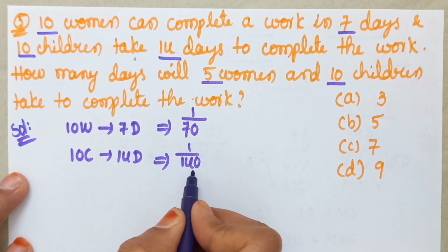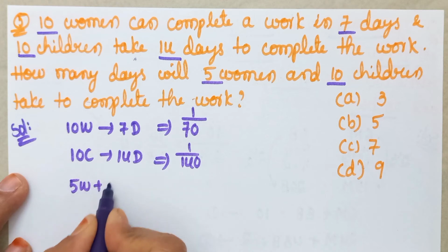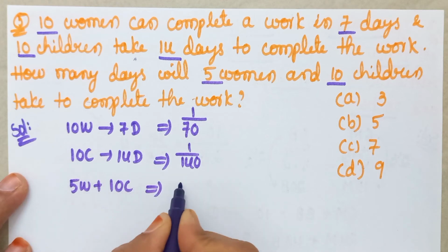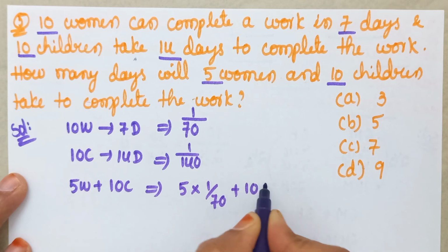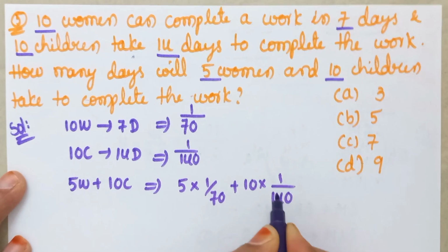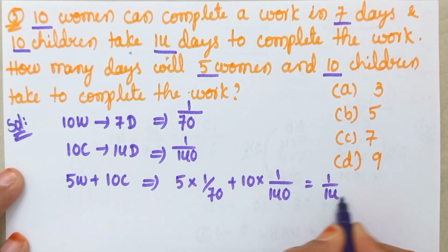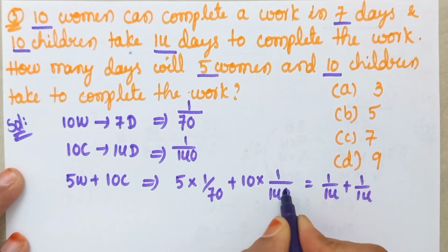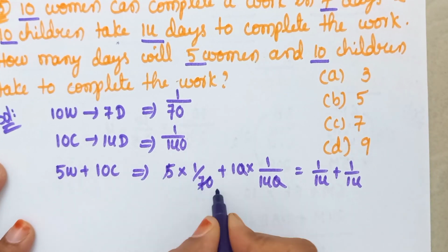Then what did they ask to find? 5 women plus 10 children. So simply substitute this 1 day's woman work. So 5 into 1 by 70 plus 10 into 1 by 140. If we simplify these things, then we will get 1 by 14 plus 1 by 14, because 0 gets cancelled and 5 14s are.